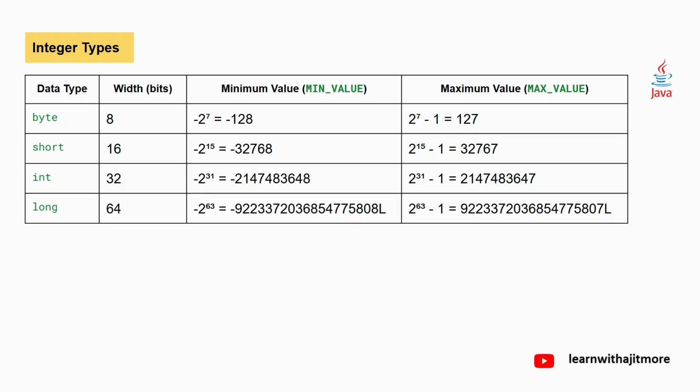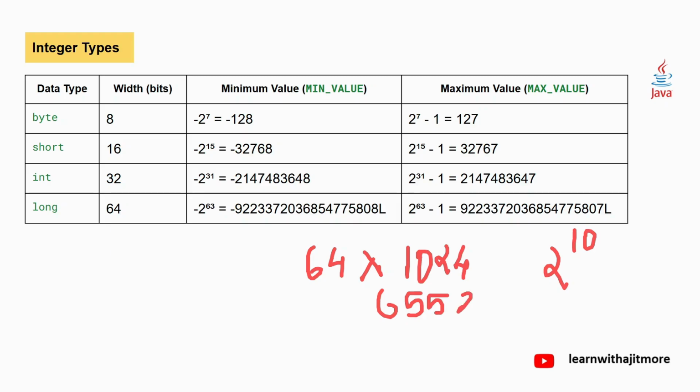Remember, 64K does not mean 64,000. It means 64 into 1024, because in binary 1K is actually 2 raised to 10, which doesn't come out to be exactly 1000. It is 1024. So if you multiply 1024 by 64, you'll get 65,536. Half positive, half negative will come this much only.